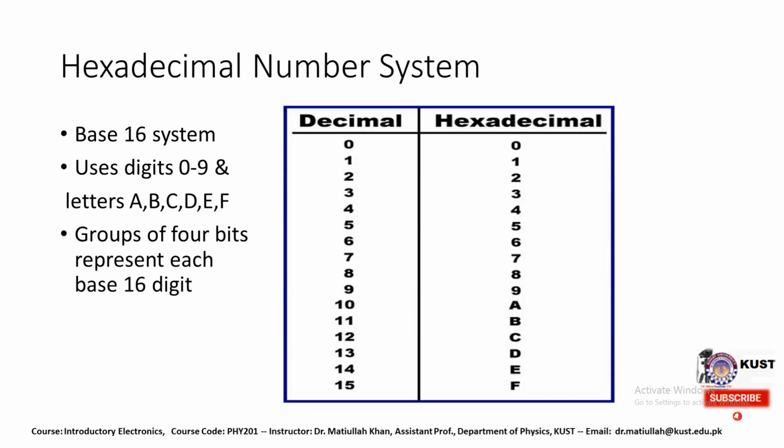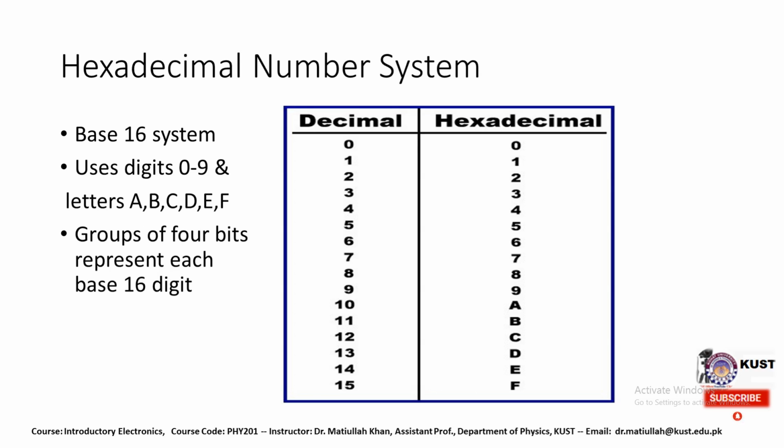We have another number system, the hexadecimal number system. In hexadecimal we use the digits from 0 to 9, and then the letters A, B, C, D, E, F, and a group of 4 bits represents each base 16 digit.